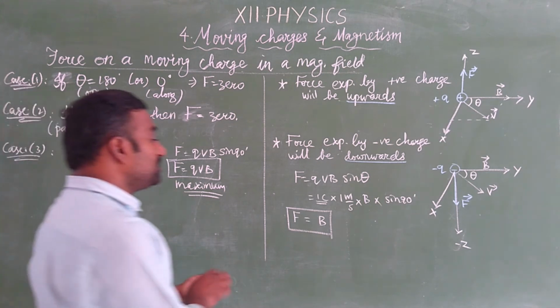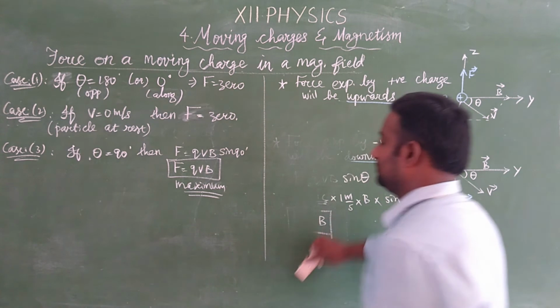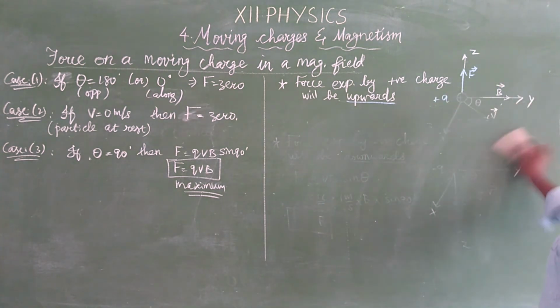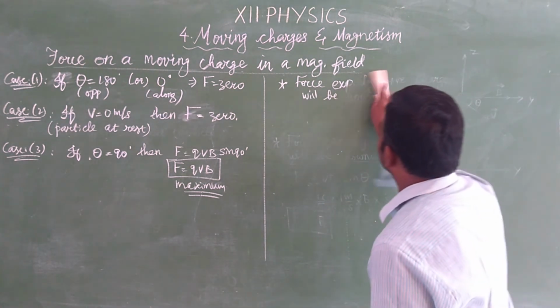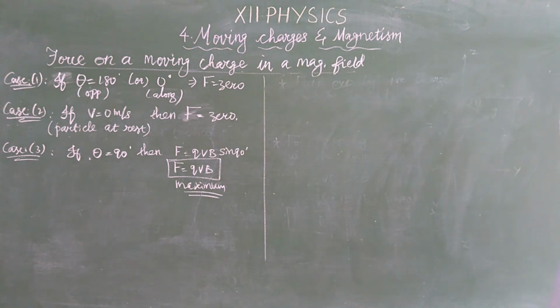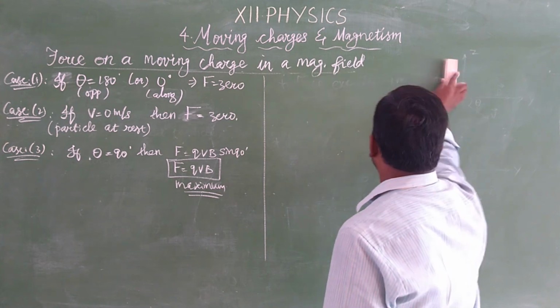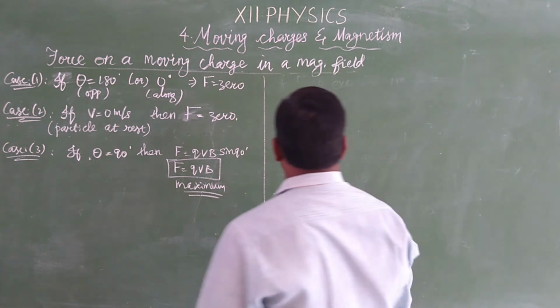Okay. Now we are going to see their SI unit and dimensional formula. The SI unit of magnetic field is Tesla. You know, the world famous car company, Tesla. So the Tesla is the SI unit of magnetic field.